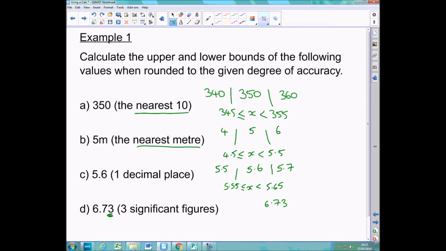Increasing by 1, we would get 6.74, and decreasing by 1 would be 6.72. Again, I want to go in between those two values, which is 6.725 and 6.735. And again, I need to use my inequality signs to show that.